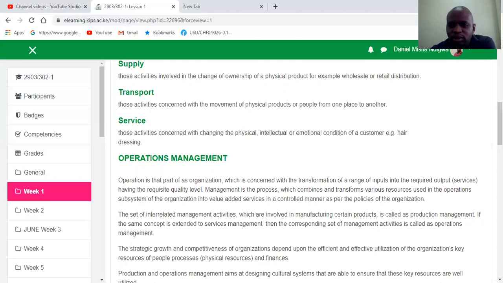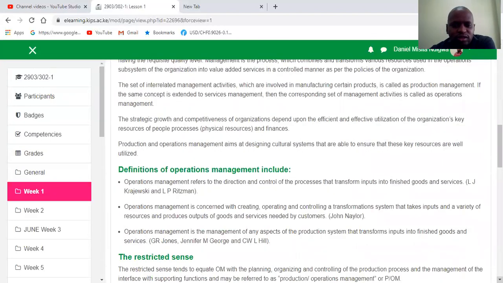Management, on the other side, is the process which combines and transforms various resources used in the operation and subsystem of the organization into value-added services or goods in a controlled manner by following the policies of the organization. So basically, operations management allows a strategic growth and competitiveness of the organization depending upon the efficient and effective way of ensuring that key resources of the organizations are well utilized.